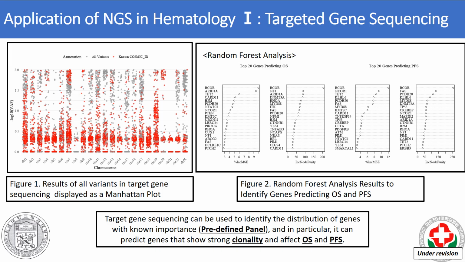We can see the distribution of the non-synonymous gene mutations in our Manhattan plot in figure 1, and we performed random forest analysis to identify genes that most strongly associate with overall survival and progression-free survival.